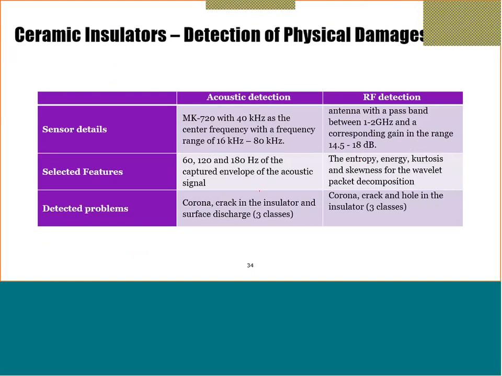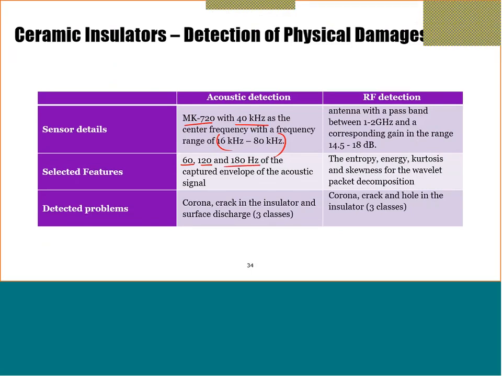So this is some more information about each sensor. This is the commercial name of the sensor. It has a center frequency at 40 kilohertz, which is ultrasonic, and works in that ultrasonic range. But the output is not in the ultrasonic. The output is pre-processed. So the features are the 60, the 120, and the 180 hertz.